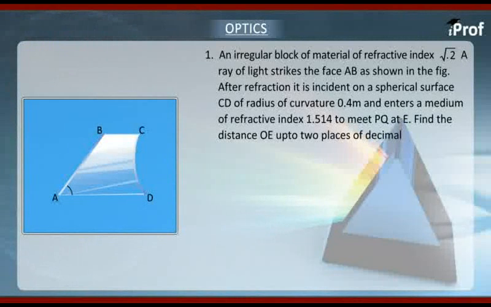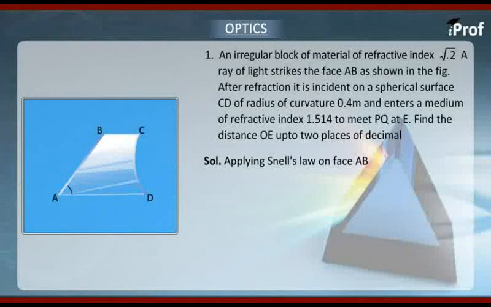Now again, here there are two events involved, and we are talking about a single ray. Now at plane interface, we cannot use the fact that when ray travels from rarer to denser medium, we have to multiply mu with the object distance. Now here we have to apply Snell's law, because the ray incident is no more paraxial.